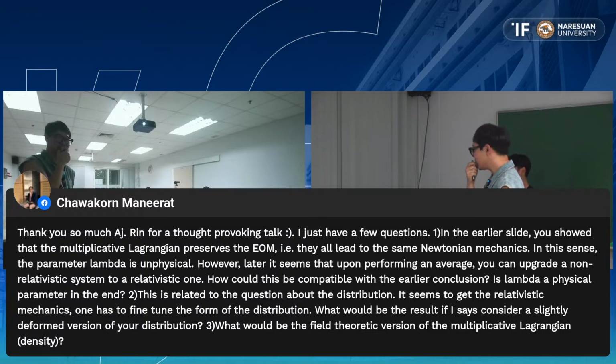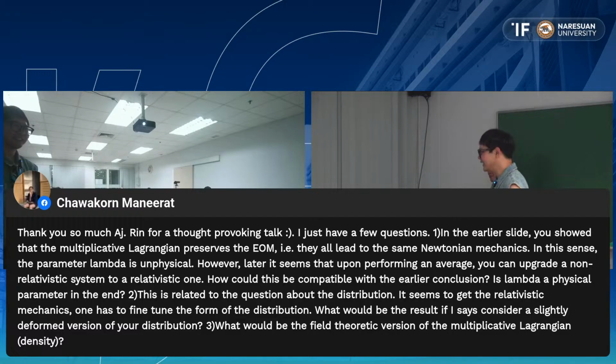How could this be compatible with the earlier conclusion? Is lambda a physical parameter in the end? Thank you very much, Hawaii, for these questions.